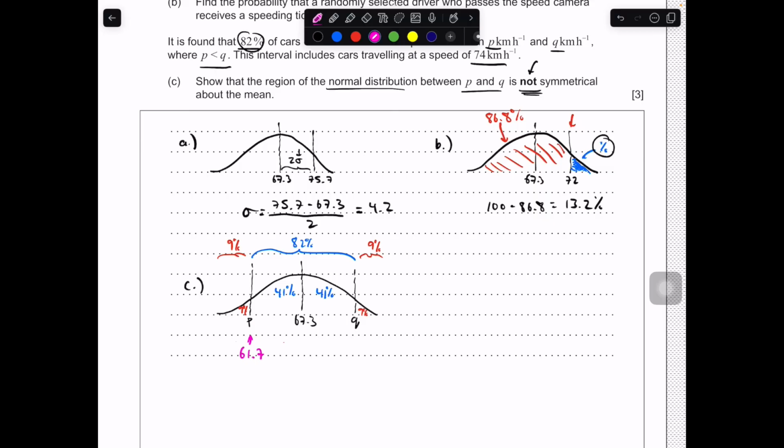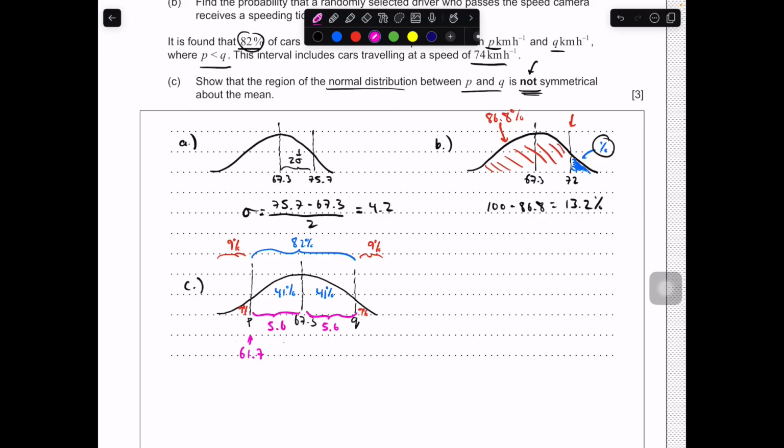And if it's symmetrical, then this distance between P and 67.3 must equal this distance between the mean and Q. So 67.3 minus 61.7 is equal to 5.6. And if it is symmetrical, that you get a mirror reflection, then this as well has to be 5.6.